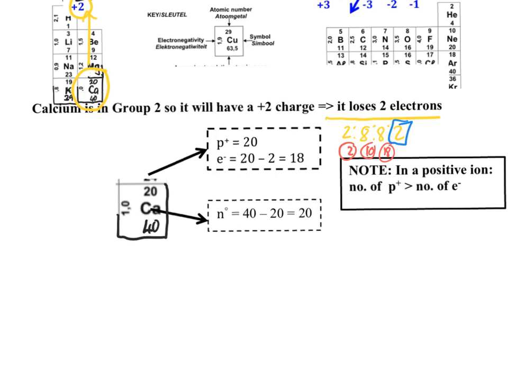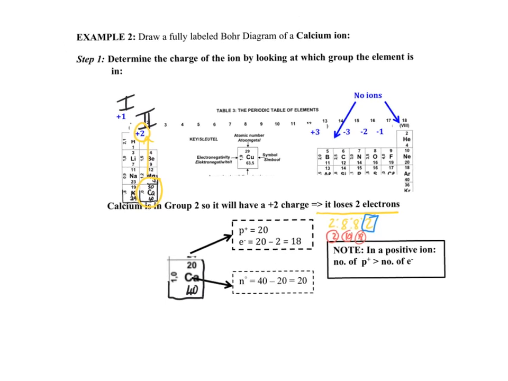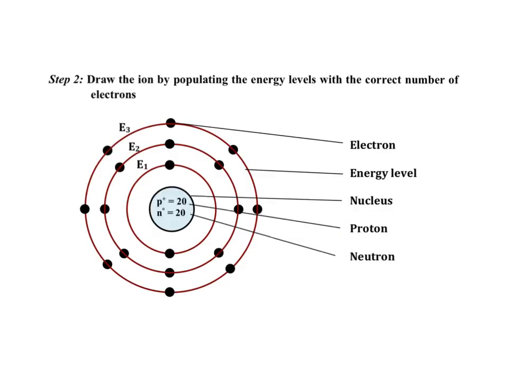So now, if we move on and look at the second step, we now draw the ion by populating the energy levels with the correct number of electrons. Now, populating means to fill. It's as simple as that. It's a fancy word for filling. So don't get thrown by that.